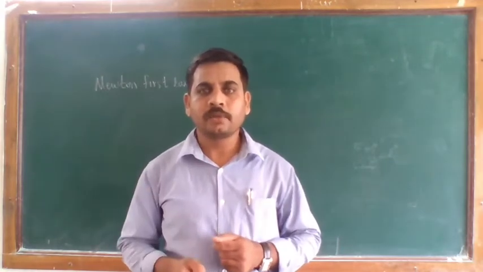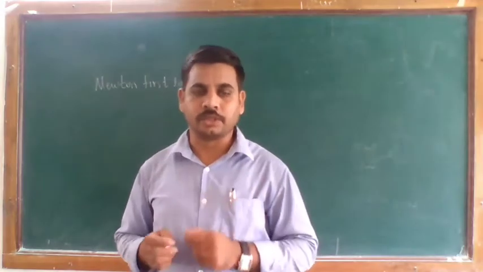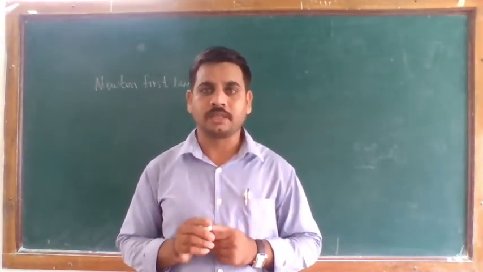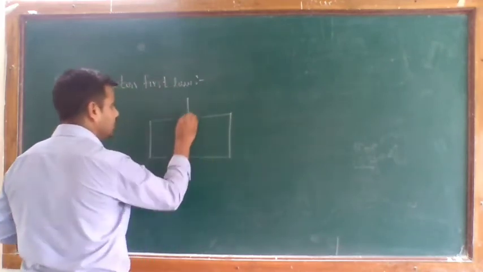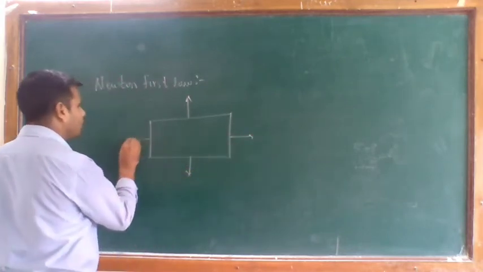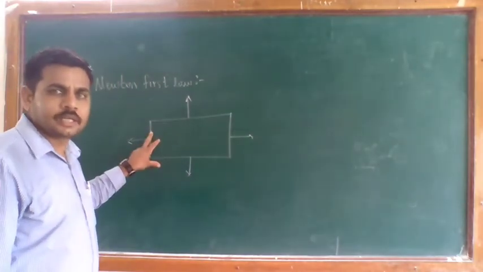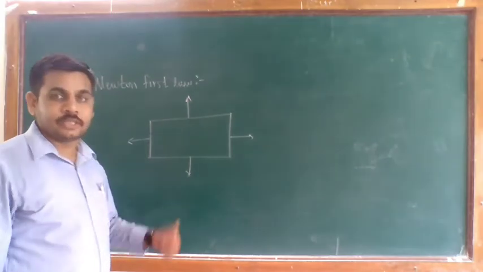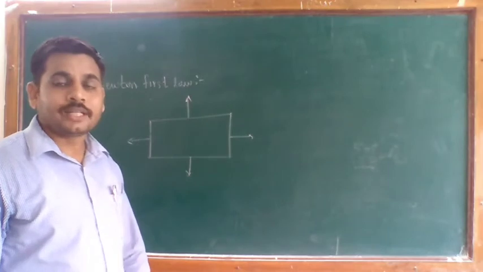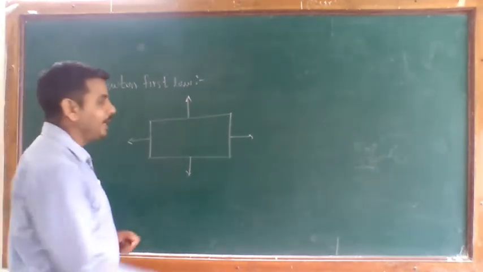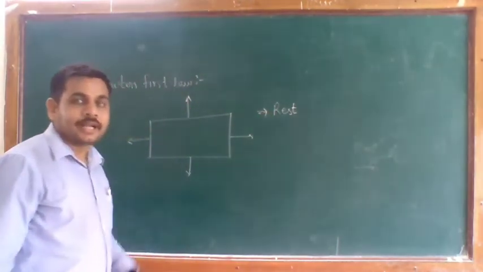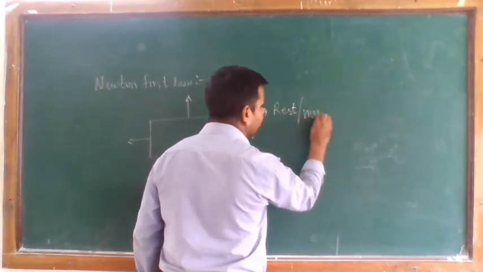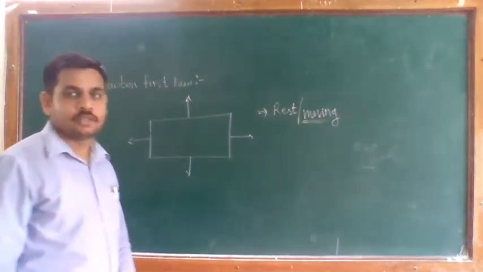Only the tablecloth is pulled, and the dish stays in its rest position. If you consider the overall forces acting on a body in Newton's first law, the average or net force, and if it is equal to 0, then you can say that the body will be at rest, or it may be in a uniform moving state.